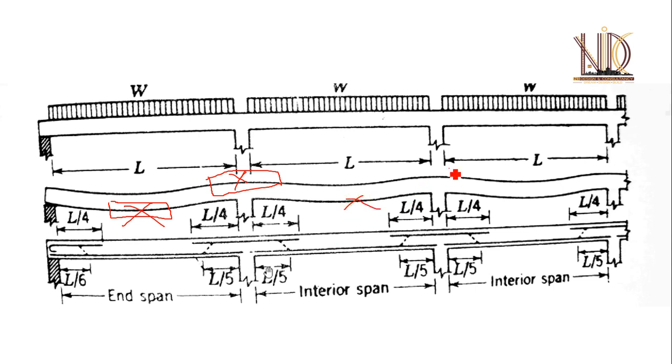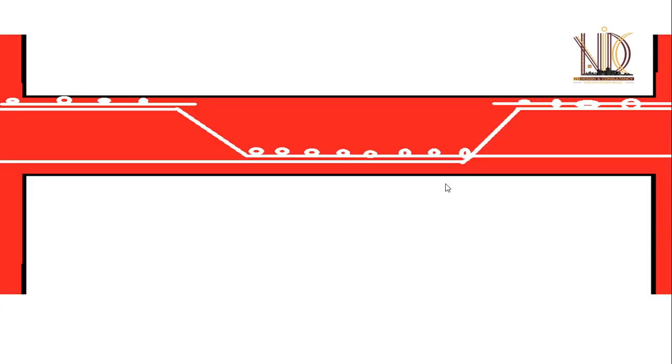Okay, say if we talk about a slab, this is the top layer and this is the bottom layer. We have to avoid near the column or beam support for the top layer, and we have to avoid the middle zone of the bottom layer of reinforcement for providing lapping.